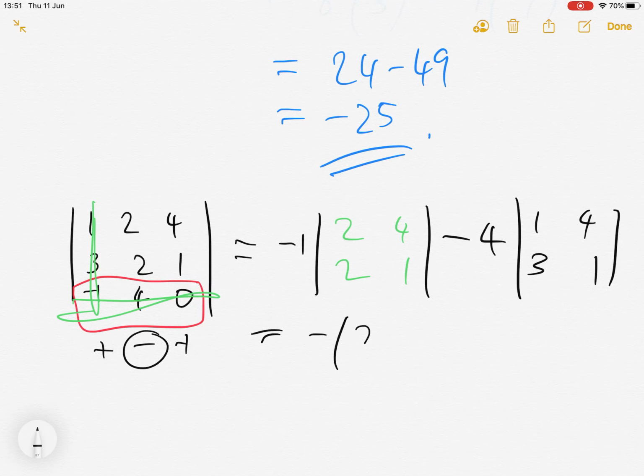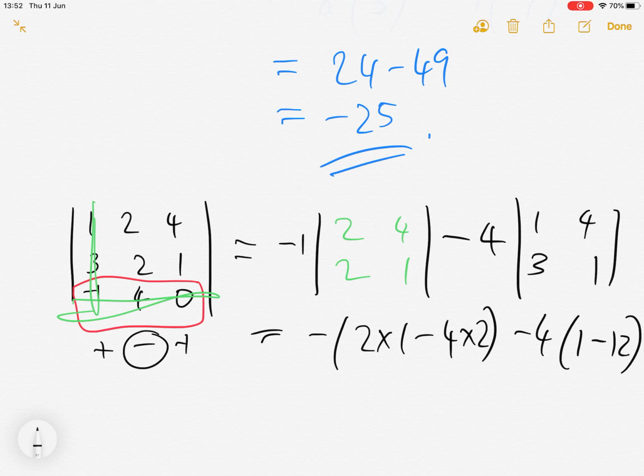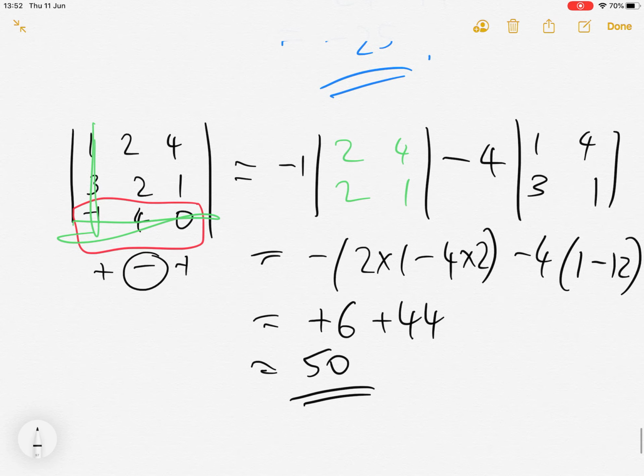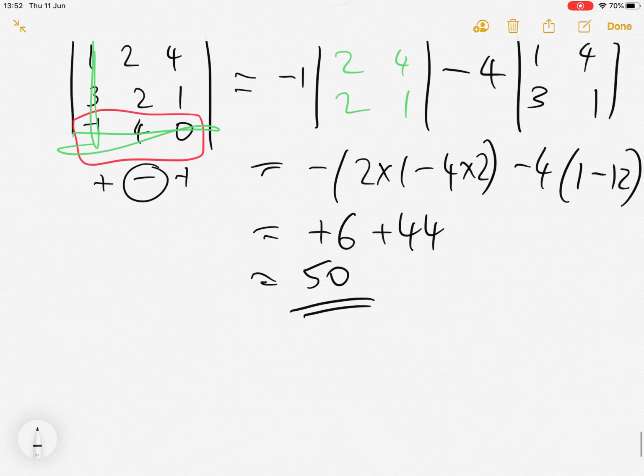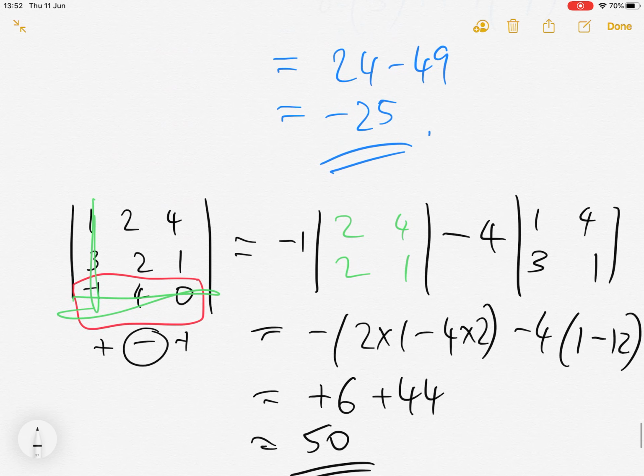And then we get minus 2 times 1 minus 4 times 2, and minus 4 times 1 minus 12. So we've got minus, well, that's 2 minus 8, which is minus 6, so we get plus 6. And then minus 4 times minus 11 is 44, so the answer is 50. So that's the determinant.